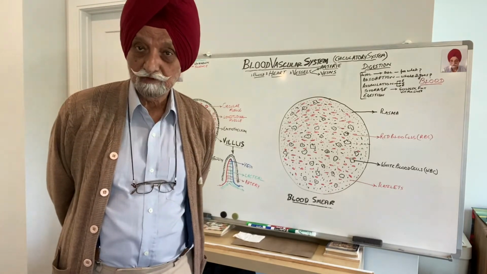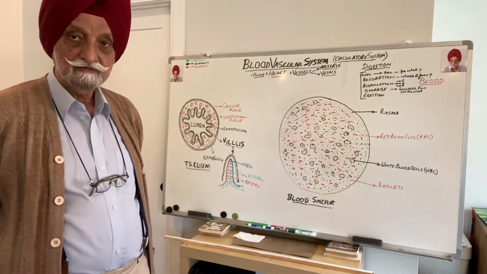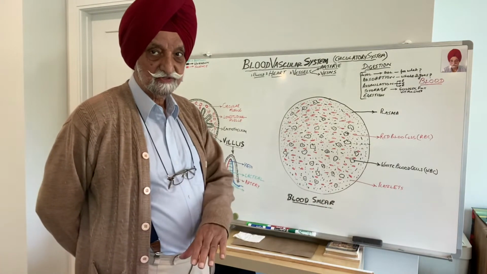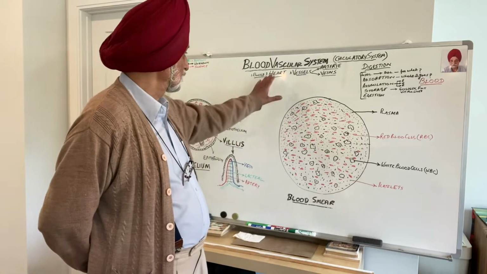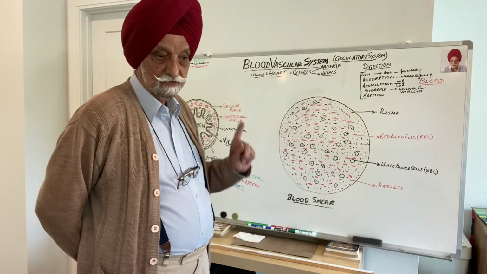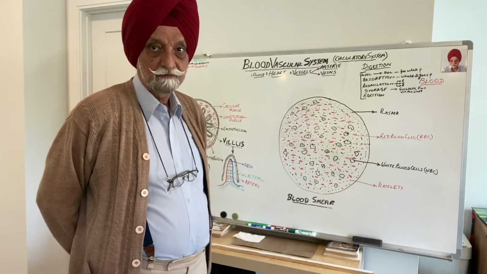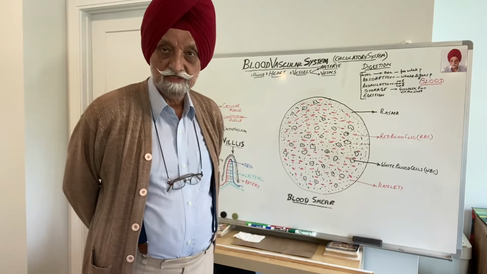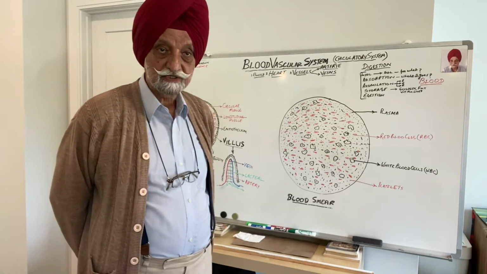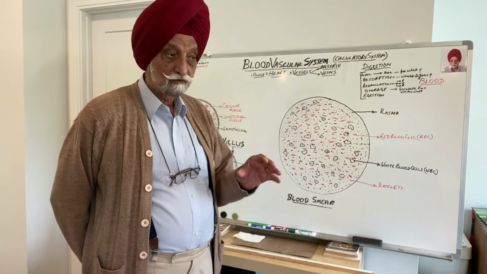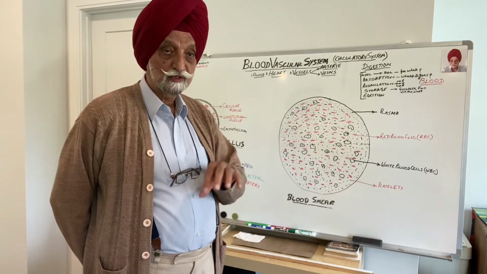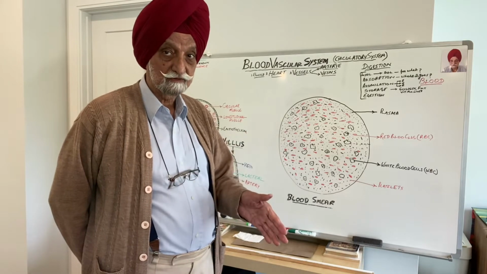Yes, welcome. I would like to connect my first lesson of digestive system with today's lesson, that is blood vascular system. Now, just to review a little bit what we have seen in digestive system, if you remember, I told you digestive system is all those organs put together which work for the process of digestion.